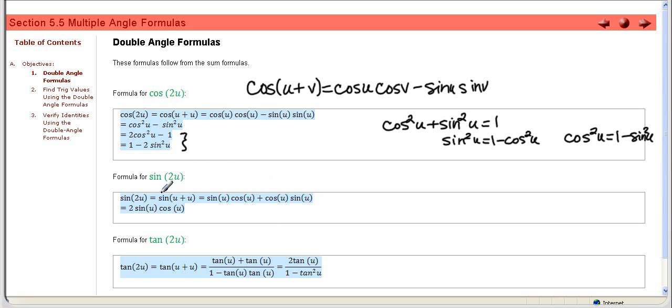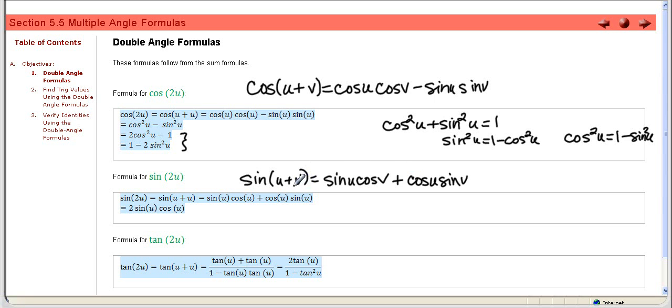Now, the formula for sine of 2u follows from sine of u plus v. And recall that formula was sine u cosine v plus cosine u times sine v.